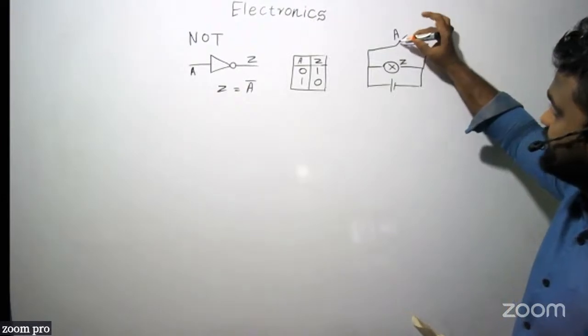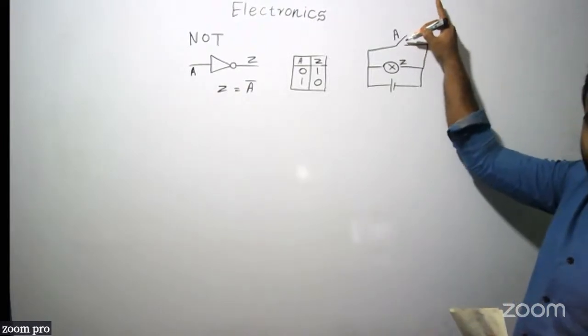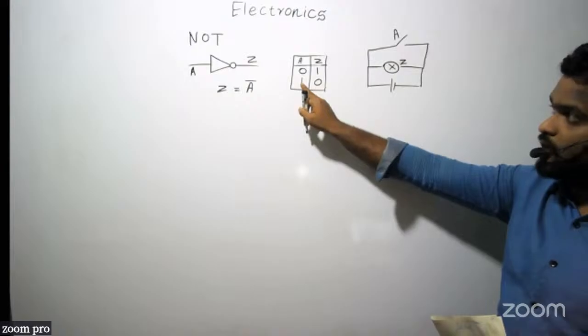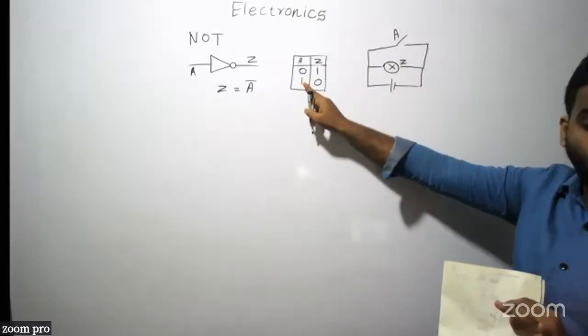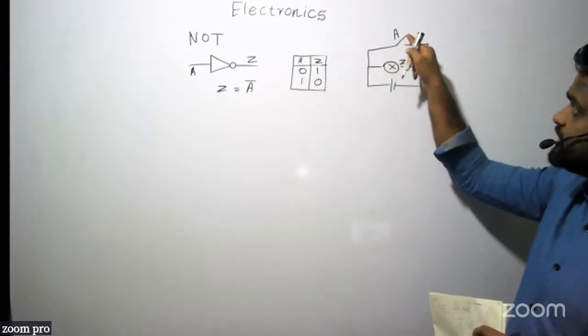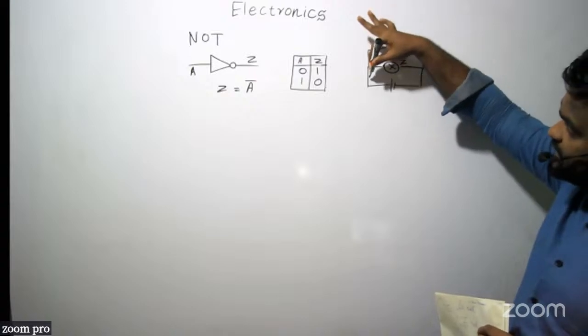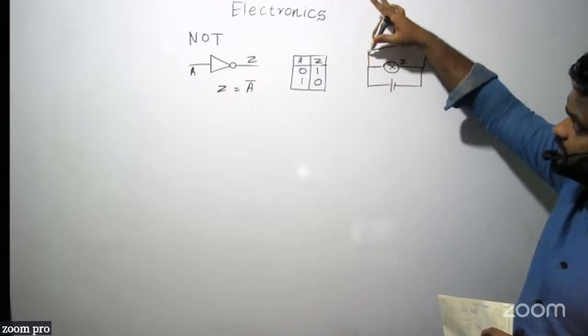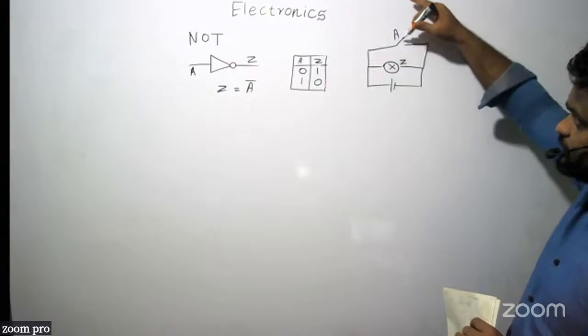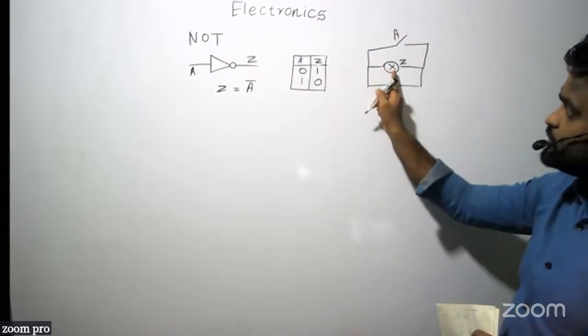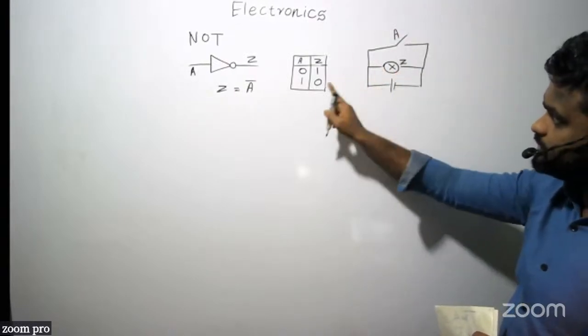When you turn on the switch, we say that A is 1. When you turn on the switch, the bulb switches off, because current does not go through the bulb. The current only goes through the switch. So the bulb turns off, and you get a 0.